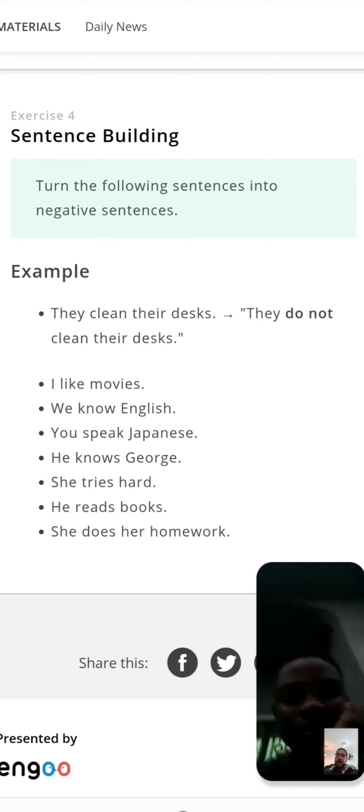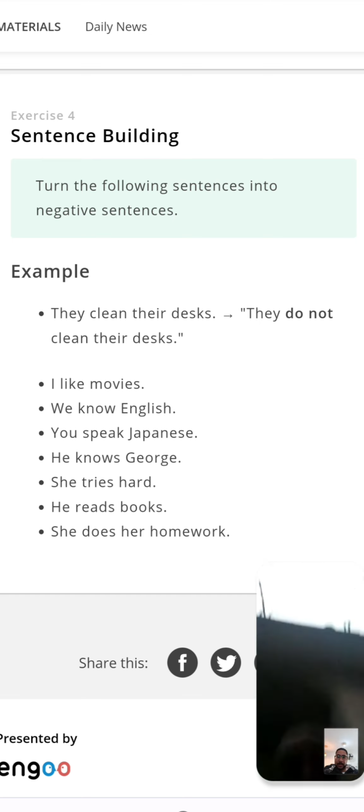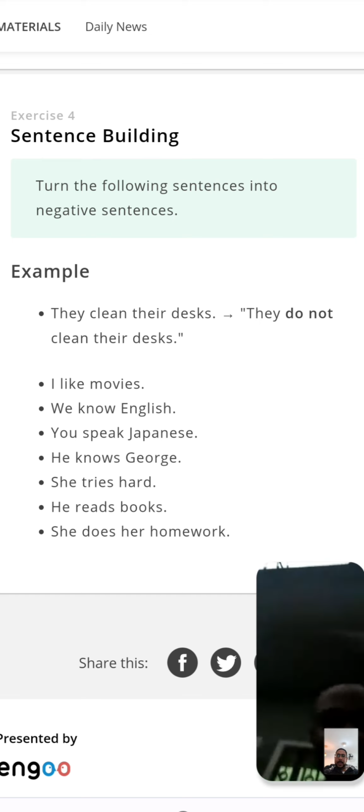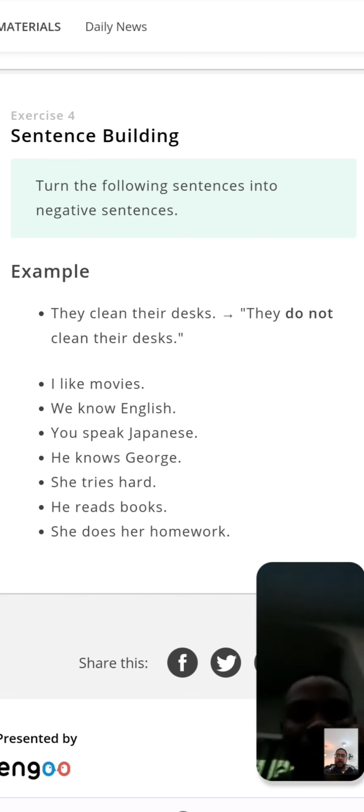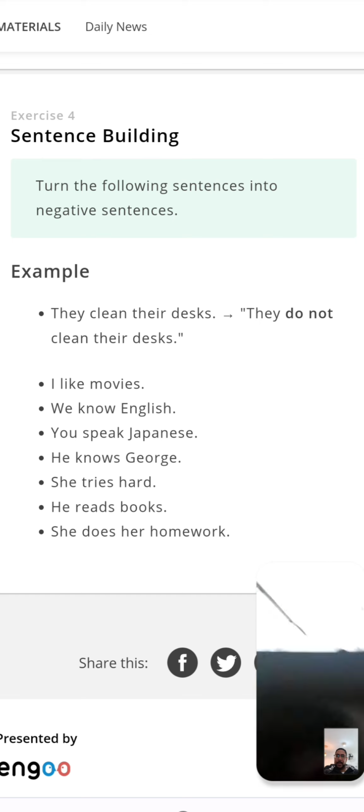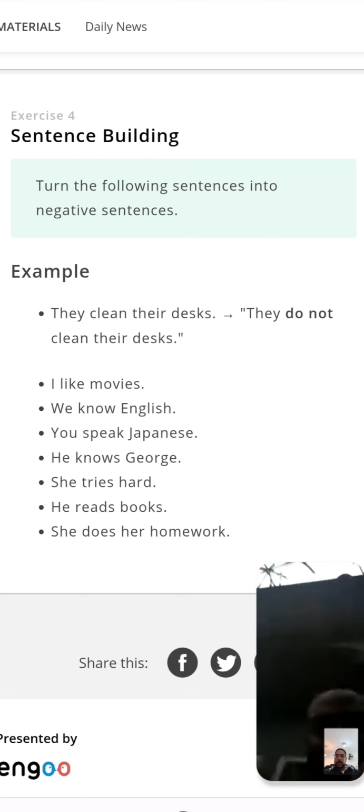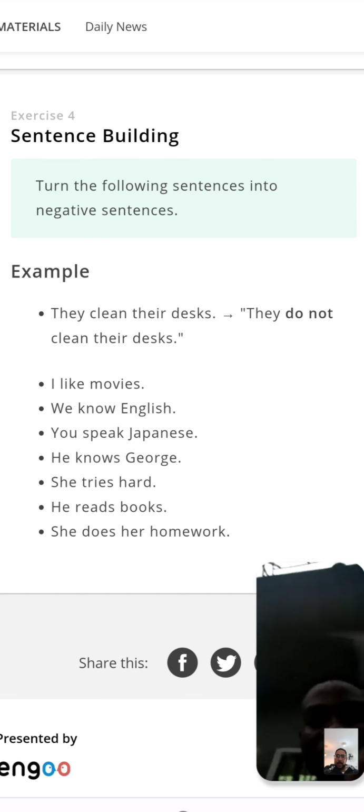We do not know English. You speak Japanese. You don't speak Japanese. He knows George. He doesn't know George. Good. She tries hard. She does not try hard.